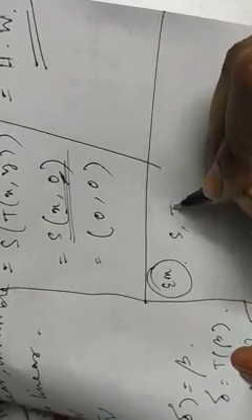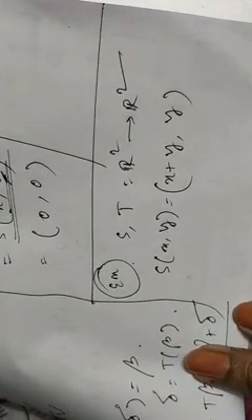Now solving one exercise. Write down another example. This is from SK Mapa exercise 17. Let S and T be two linear mappings from R square to R square defined by S of x, y equals x plus y, y, and T of x, y equals x, x plus y.